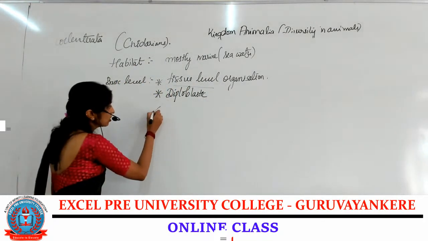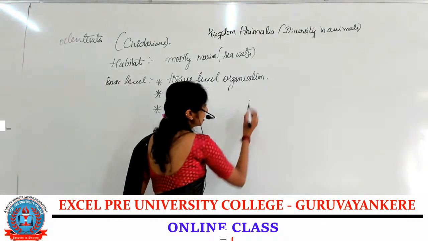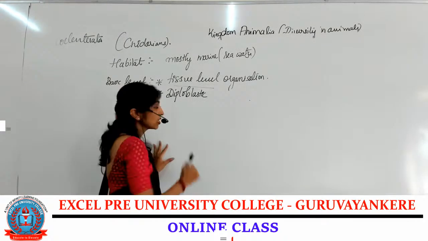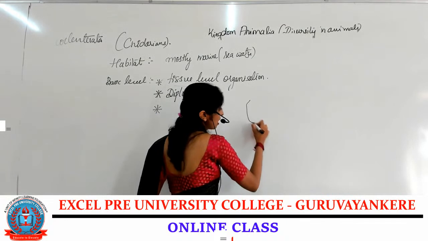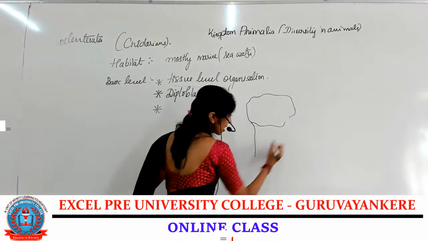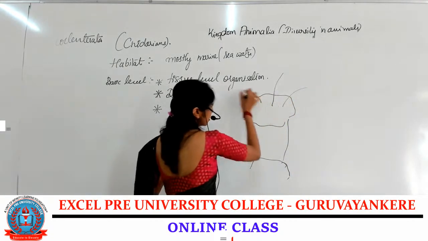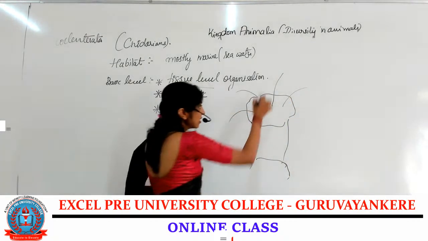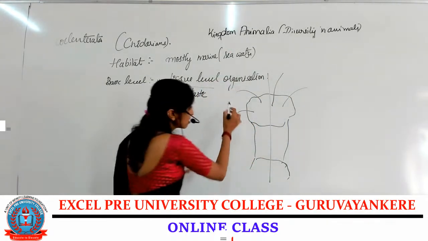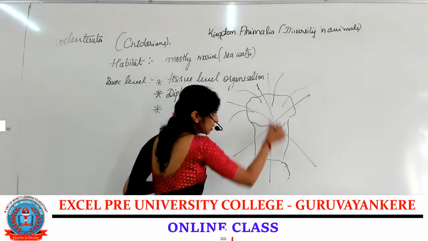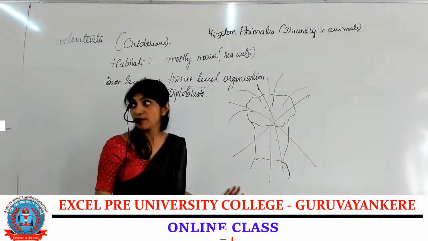Then coming to their symmetry. For example, you can consider jellyfish, or you can consider hydra, which has tentacles. This is hydra. When I divide this organism in any plane, if I cut this organism in different planes, I will get equal halves. So what type of symmetry does it have?